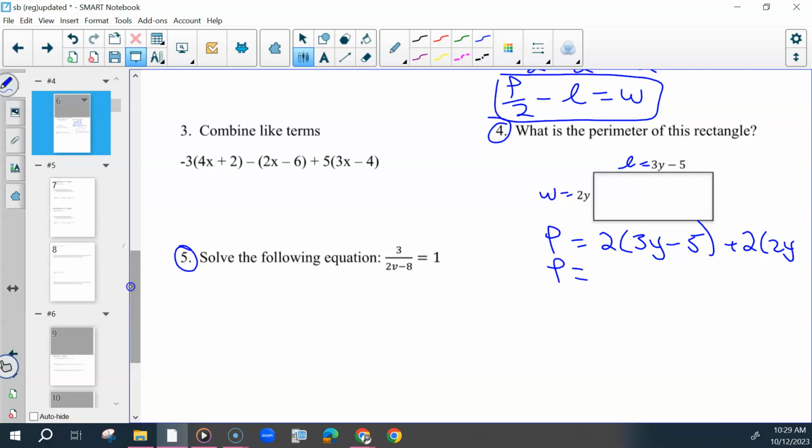So we can keep simplifying: 6y minus 10 plus 4y, so that P equals 10y minus 10. We don't know exactly what the perimeter is. If we knew what y was, we could go back and find the perimeter, the width, the length. But we just needed to simplify for this one. That was great. Don't second guess this one. Okay. Questions on this one?